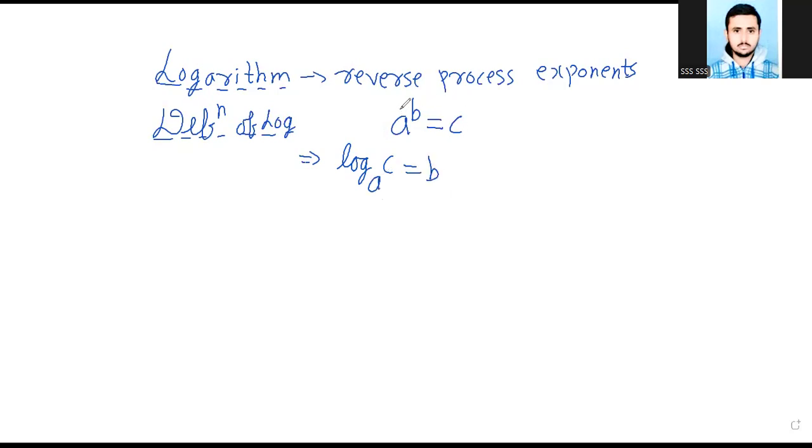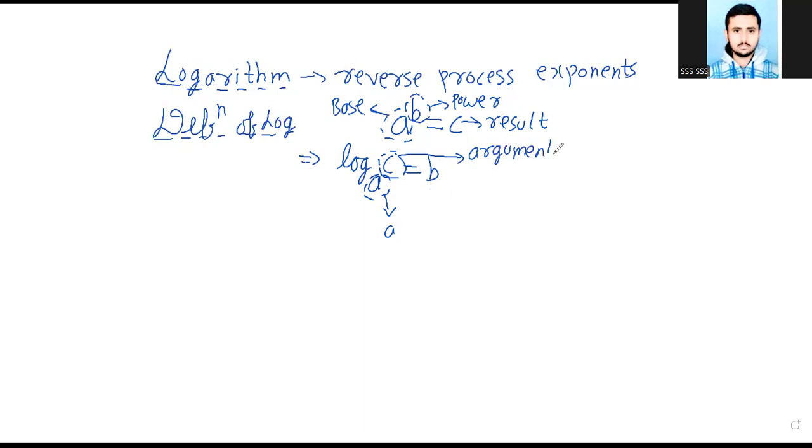So originally the base was a, the power was b, and the result is c. In logarithm, the base is again a, the term c is called the argument, and the result is b.